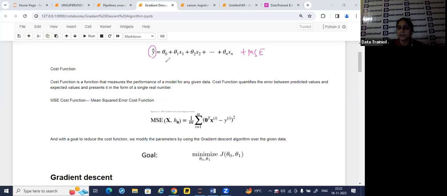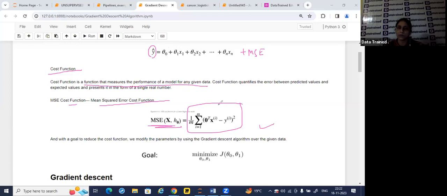This one is the y prediction, and the mean squared error is a function of it. A cost function measures the performance of a model on any given data. It quantifies the error between predicted values and expected values and presents it in the form of a single real number. So this is the MSE cost function, mean squared error cost function.